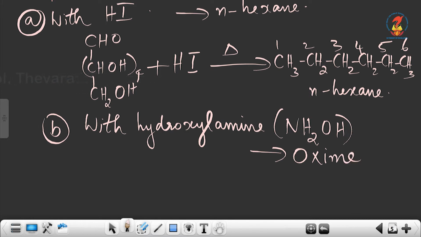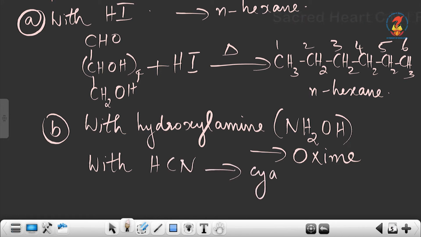And it adds a molecule of hydrogen cyanide. So there are 2 reactions in B. It reacts with hydrogen cyanide to form cyanohydrin. These reactions you have learned in the chapter aldehydes and ketones. To form cyanohydrin as the product.